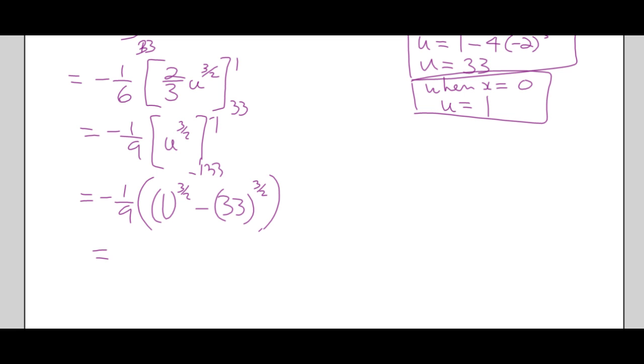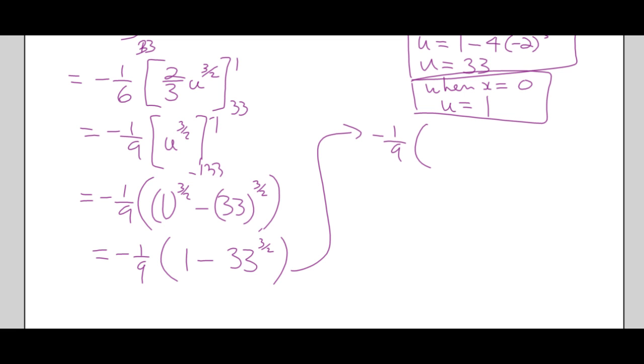Okay, so that's negative 1/9. Then we're just going to play around inside the brackets here. It's going to be 1 minus 33 to the 3 halves. What's 33 to the 3 halves, you ask?